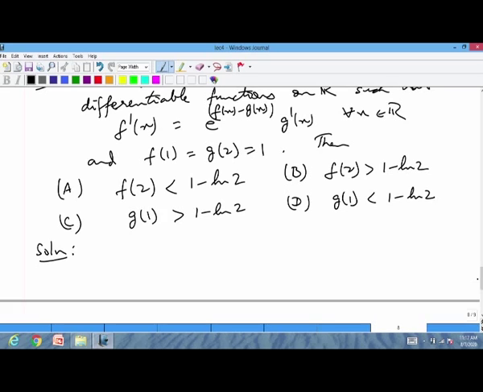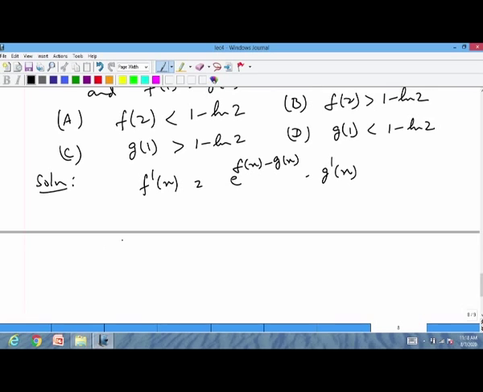So, we are given f prime x is equal to e to the power (f(x) minus g(x)) times g prime x. So, this implies e to the minus f(x) times f prime x is equal to e to the minus g(x) times g prime x.